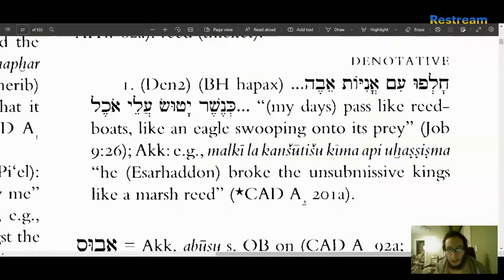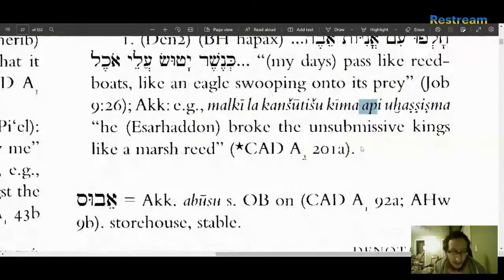The unsubmissive, I believe, is Ken Shutishu. I don't know for sure, but I'm inclined to think that because usually an adjective is put right next to it, right after the noun. So api, that's the reed.